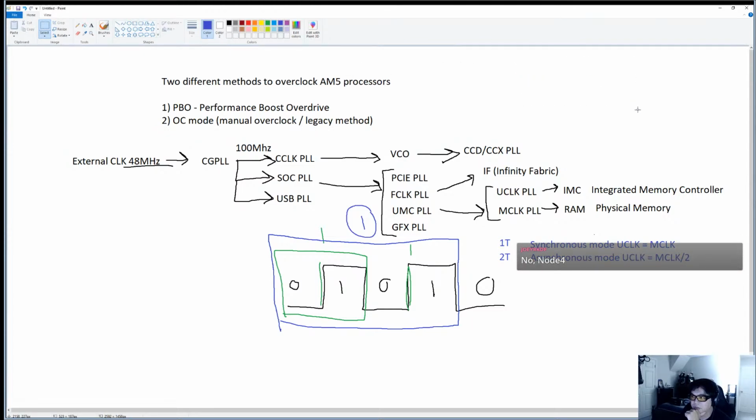Node 4. But so node 4 is 5 nanometer? 5 is not referred to. Okay, well, that's weird. For some reason I thought I read that on the RTX 40 series, node 4 is the 4 nanometer.